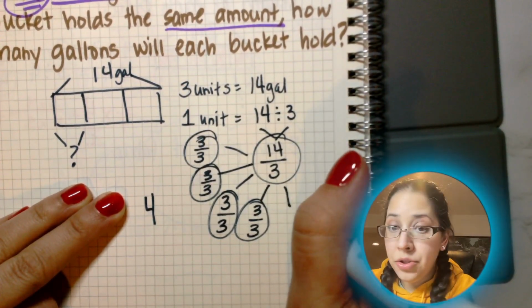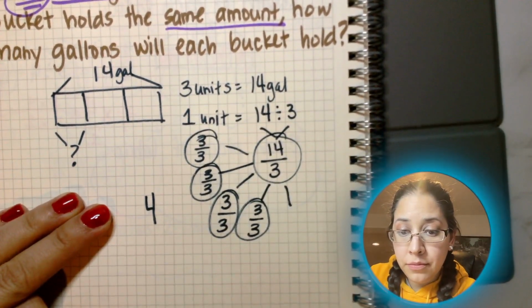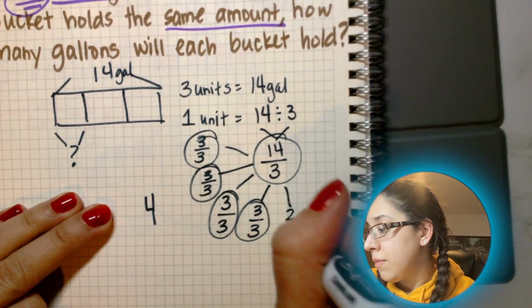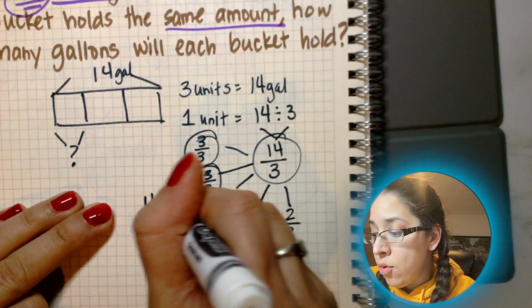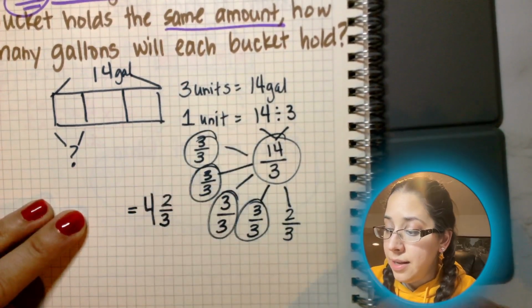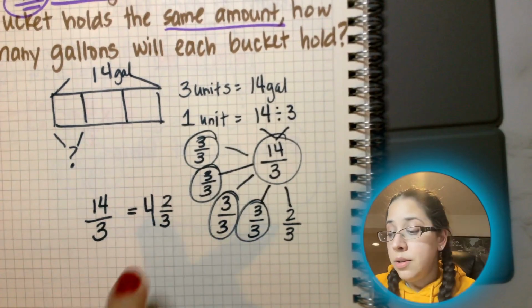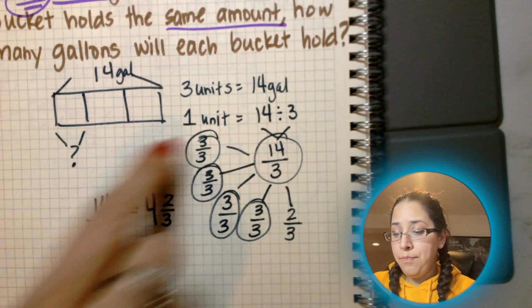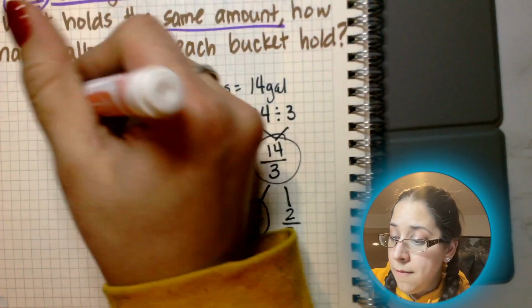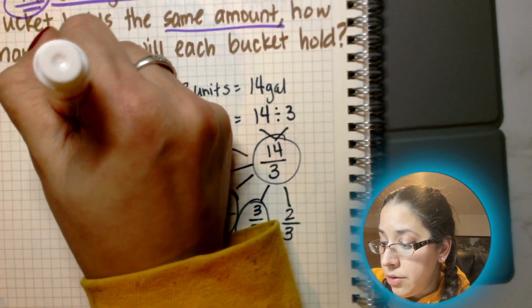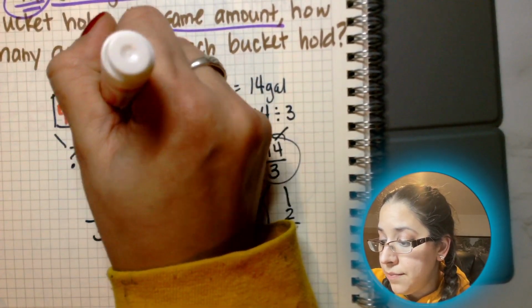And then I have 2 left over. So I have 4 and 2/3. That is equivalent or equal to 14 thirds. So each bucket holds 4 and 2/3 gallons.